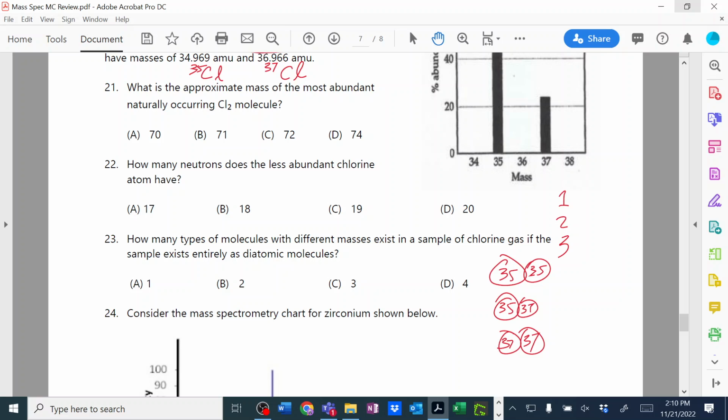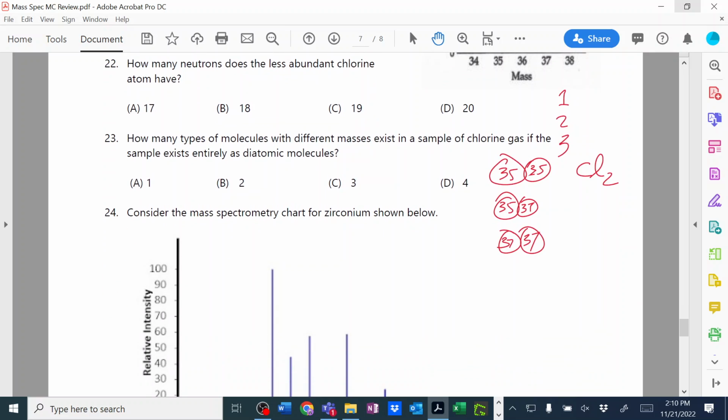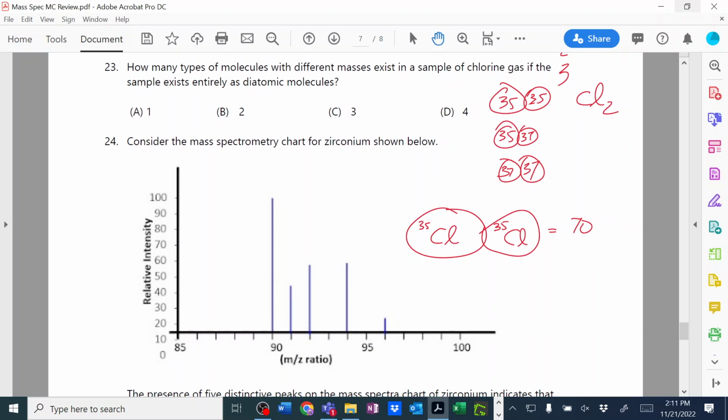So it's asking how many different masses would you have of a molecule of Cl2? So if you've got a chlorine atom with a mass of 35, it could be bonded to another chlorine atom with a mass of 35, which would have a mass of 70. And then you would have another possibility, which would be a chlorine atom with a mass of 35, but it could be bonded to a chlorine with a mass of 37.